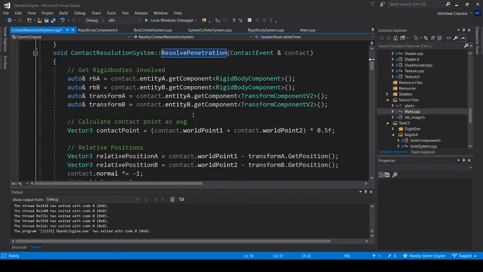Now, the way the book recommends doing this, and I actually find that approach really interesting, is instead of thinking of penetration as an error due to our fixed time step, think of it as two objects actually pushing into each other, causing deformation, and to resolve that deformation, they have to apply an opposing force so that they're not deformed anymore.